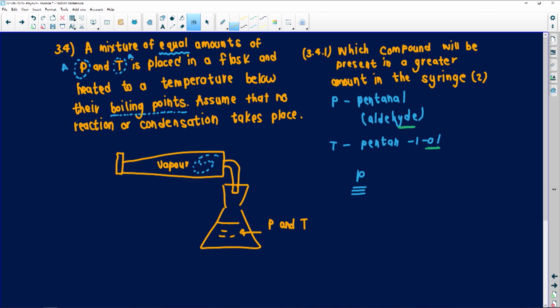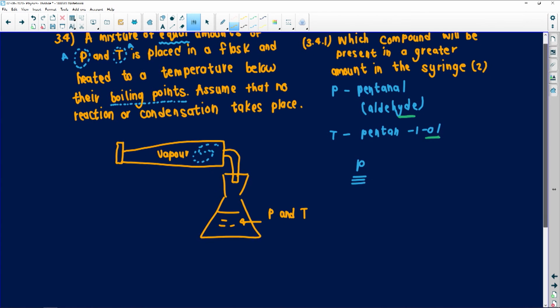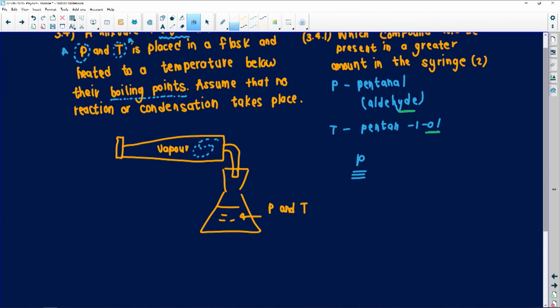Now let's see what the next question says. Now they want us to explain why we got what we have. We've got 3.4.2. It says we must explain our answer in 3.4 by referring to the types and strengths of intermolecular forces.